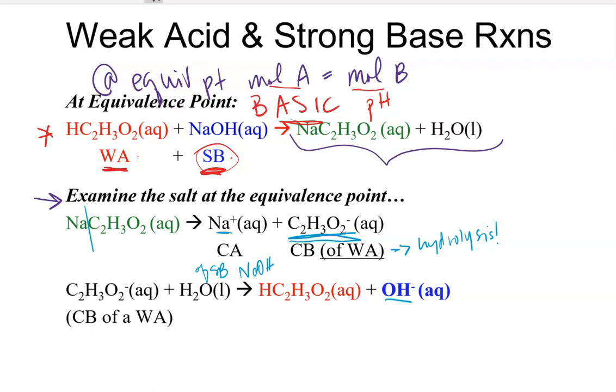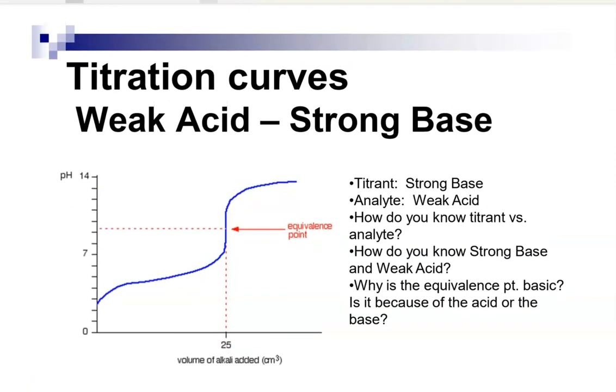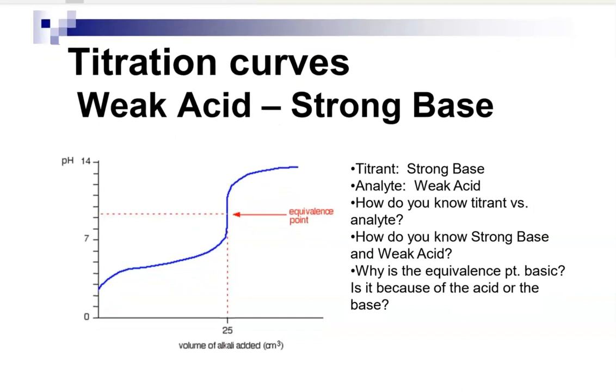The thing that's impacting the pH of the equivalence point is the salt, specifically the conjugate base of that weak acid. And because it is a conjugate base, it's making a basic solution. So when we look at a titration curve of a weak acid with a strong base, notice how high the equivalence point pH is. It is above 7.